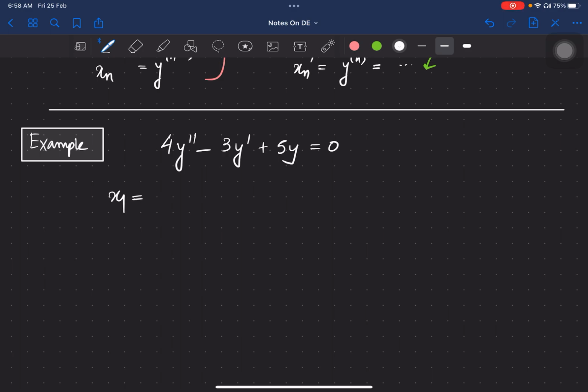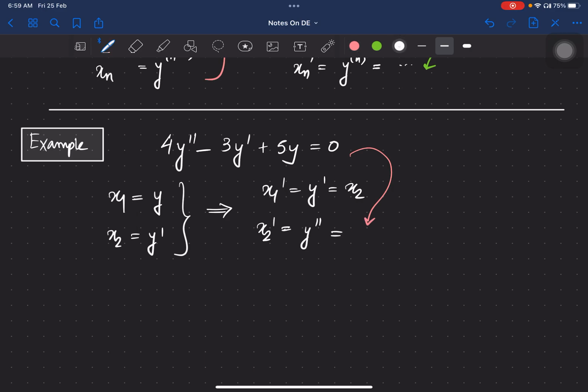So x1 equal to y, x2 equal to y prime. From this, differentiating, we have x1 prime equal to y prime, that is nothing but x2. x2 prime is y double prime, so that we will get from here. What we get is (3y prime minus 5y) divided by 4. So 3/4 y prime minus 5/4 y. Now I have to replace y prime by x2.